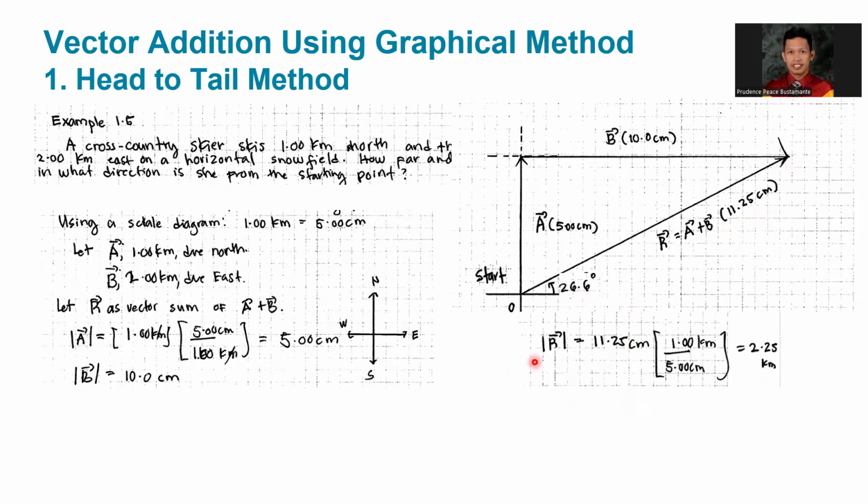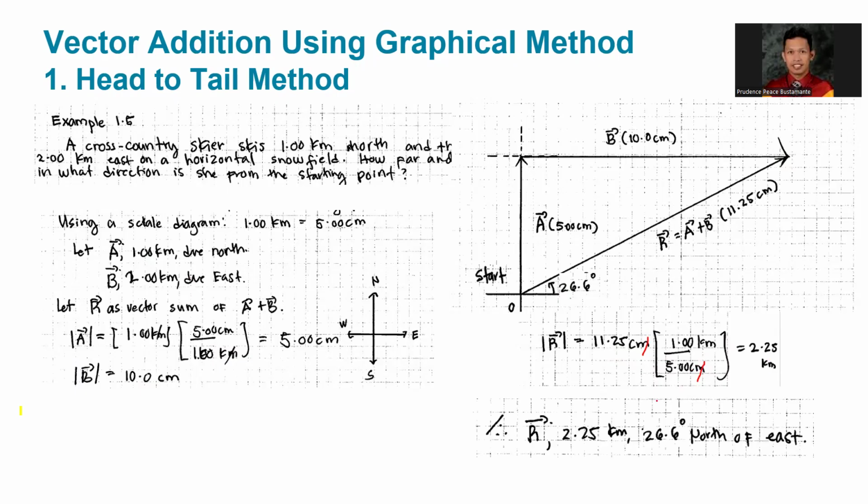So if we are going to scale back our result, 11.25 centimeters divided by the scale, you can cancel this. Back to kilometers is 2.25 kilometers. So our final answer would become 2.25 kilometers, 26.6 north of east.